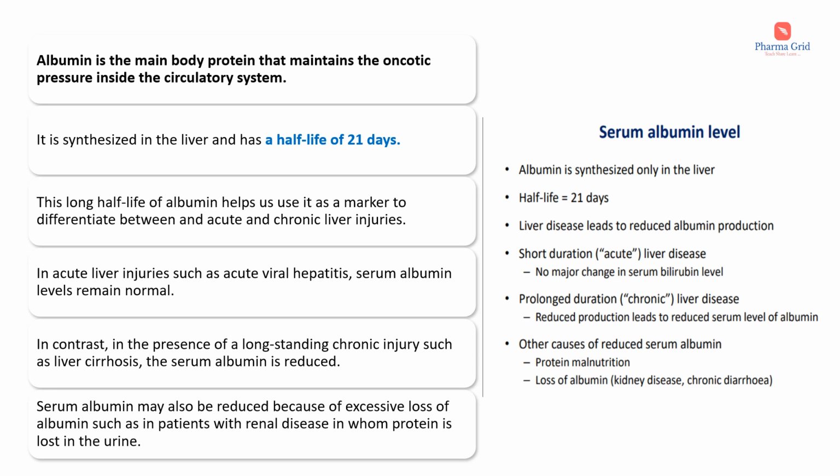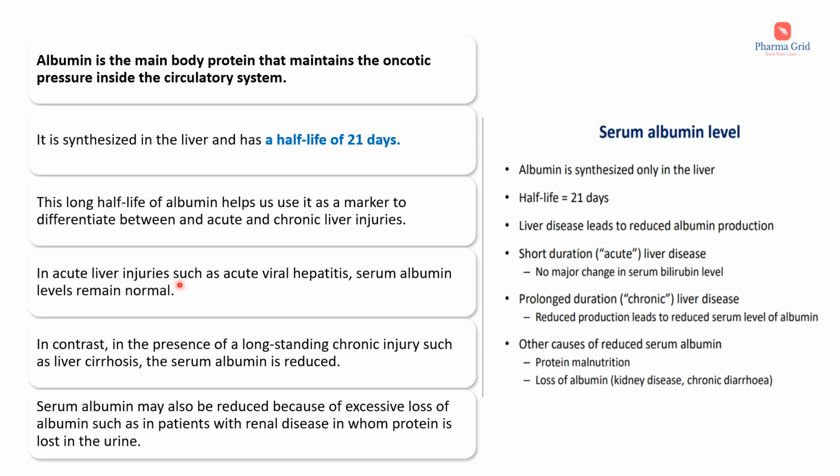Now we'll discuss in detail the serum albumin test. As we have already seen, albumin is the main body protein that maintains the oncotic pressure inside the circulatory system. It is synthesized in the liver and has a half-life of 21 days. This long half-life of albumin helps us use it as a marker to differentiate between acute and chronic liver injuries.